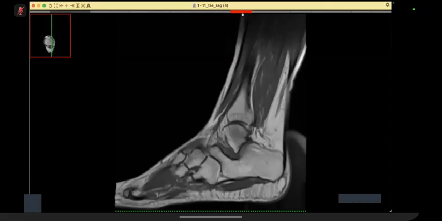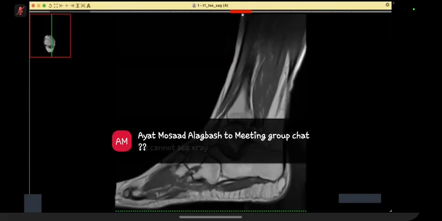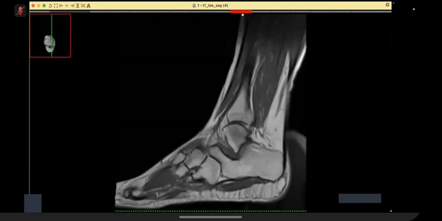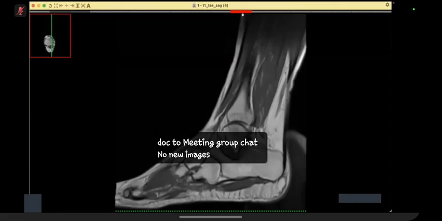Now, this is the key joint, and you have to have a clear-cut concept about the anatomy. If you see here, calcaneum and talus, there is what we call the subtalar joint. And the calcaneum has three facets: anterior facet, middle facet, and posterior facet, which is the largest. The middle facet is sitting on this bone, which is known as the sustentaculum tali. So this is the posterior facet, this is middle, and this is anterior.